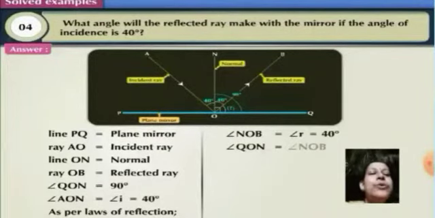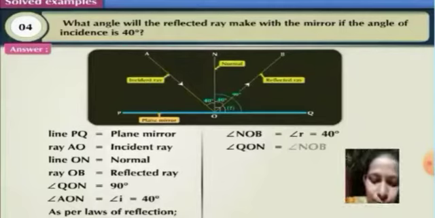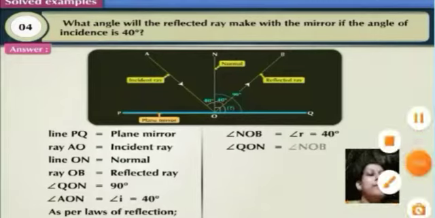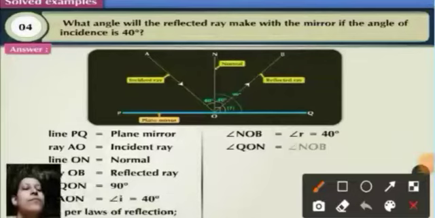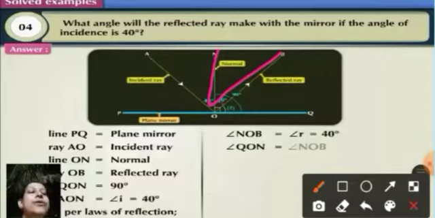Now we know that angle QON is equal to angle NOB plus angle QOB. Which angles are these? You can see over here, this is angle NOB, and angle QOB is nothing but this one.